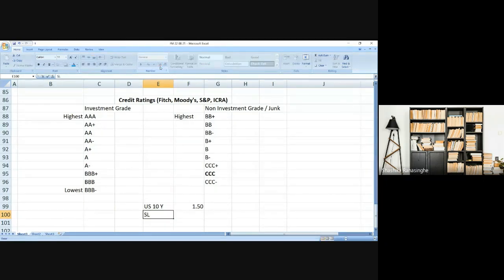How about Sri Lanka's? These are both dollar bonds. We're talking about dollar bonds.